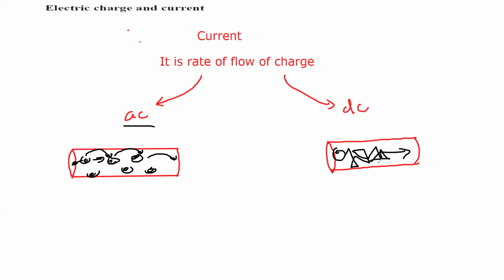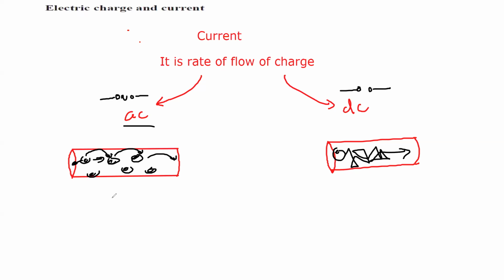So when the charges actually travel from one place to another, we call that DC or direct current. To represent the alternating source, we use this symbol. And to represent the direct current or DC, this is the symbol.